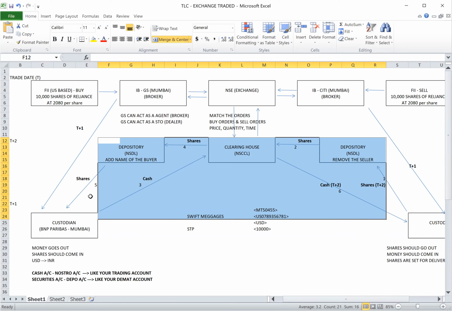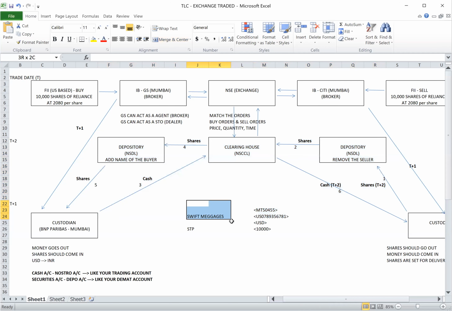That is what we call the trade life cycle. Trade goes through various financial intermediaries, and there is a lot of flow of information between the intermediaries. How does that flow of information happen? Swift messages. You don't write a letter to the other party saying my client XYZ bought these many shares, so please do this. You don't write emails.